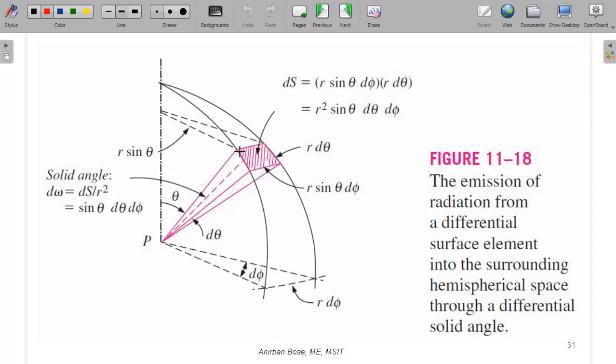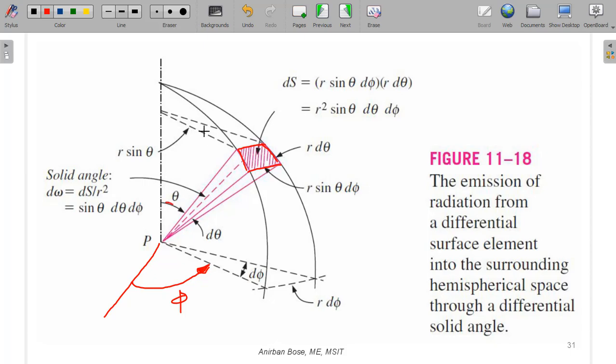Here you can see a small surface area on a spherical surface, and if you consider this angle, it is the azimuthal angle, phi, and this theta angle is the zenith angle, right?